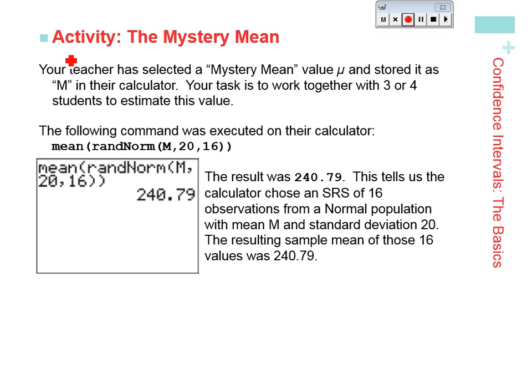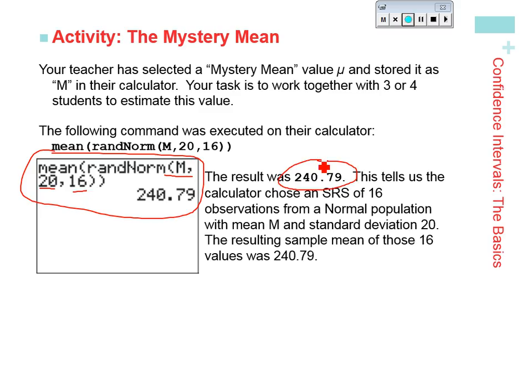An activity we're going to do on the first day of class with confidence intervals is what's called the mystery mean. What I have here, and this is coming from our calculators, is from a normal population there is a mystery mean that has a standard deviation of 20 and a sample size of 16, and the result from that is 240.79.